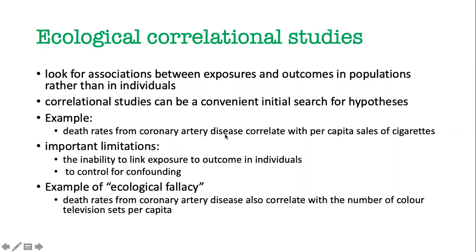But of course, we know that already. But you need more rigorous study that can establish the link between cigarette use and coronary artery disease. No? Because in ecological studies, we cannot control confounding because the data is already there. Okay?